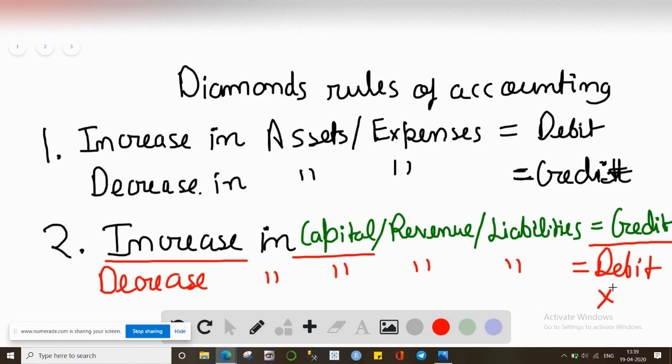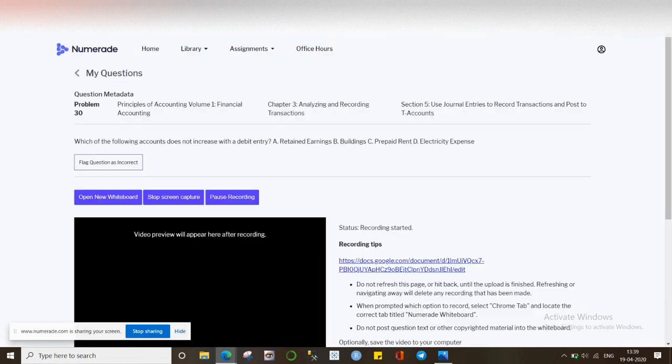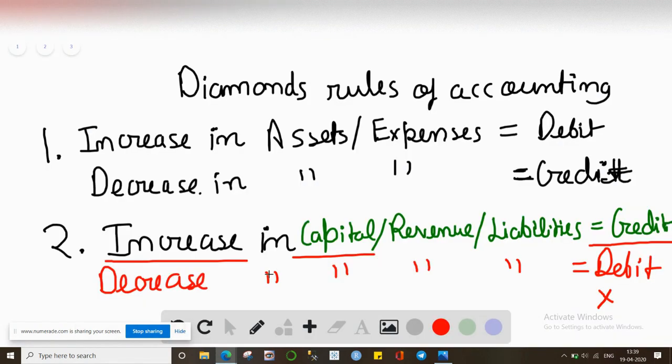I think you got this right. An increase in capital will be a credit, not a debit. So the correct choice for problem 30 is A.